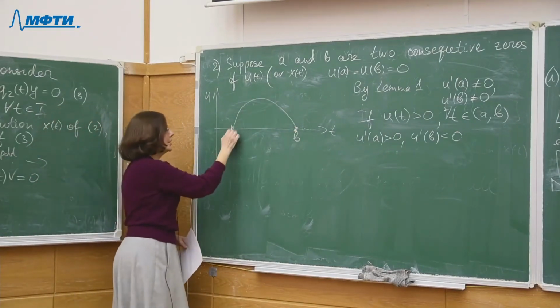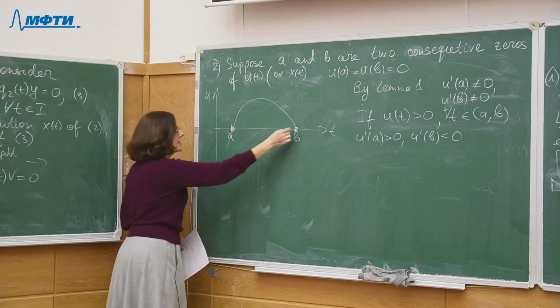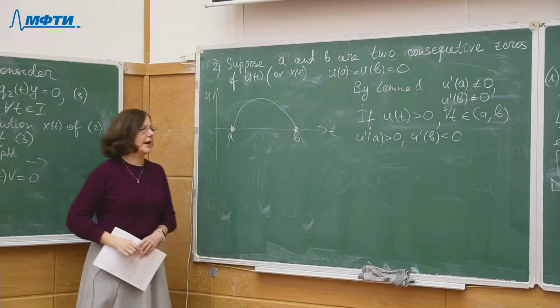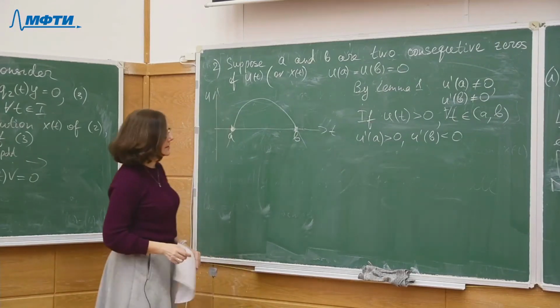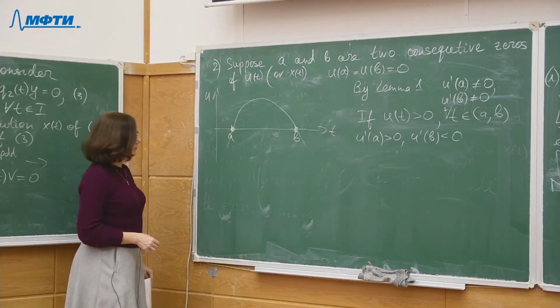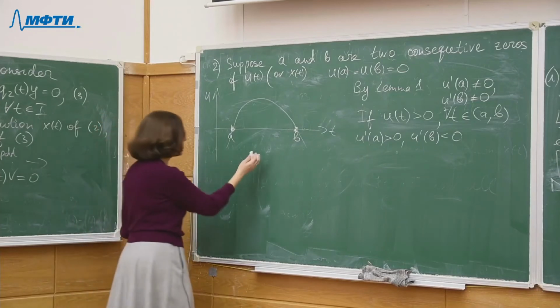So I need to know the derivatives at the points a and b, and I claim that u prime of a is greater than 0 and u prime of b is less than 0. Okay, so how to prove this?